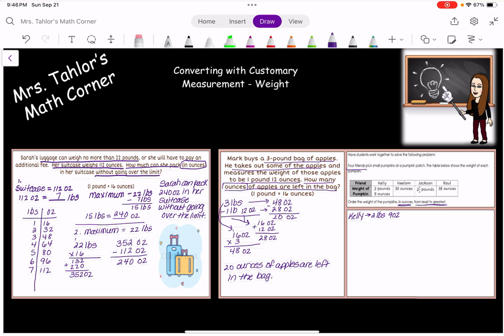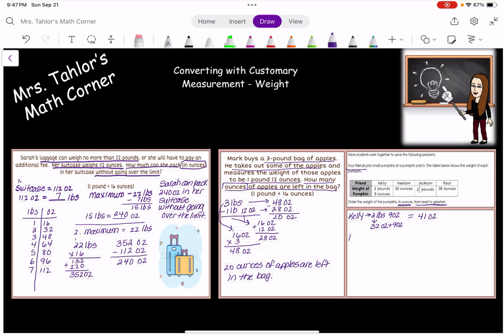I know that 1 pound is 16 ounces, so 2 pounds will be 32 ounces. Plus the 9 ounces means that Kelly's pumpkin is 41 ounces.